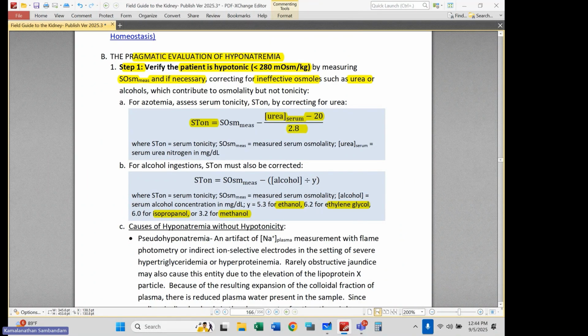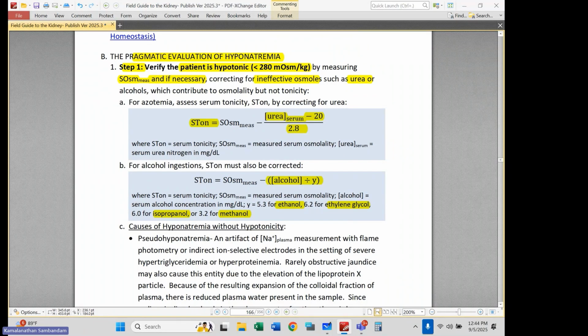In any case, you can correct for these differences in osmotically inactive particles. You can estimate a tonicity by taking the measured osmolality and the urea concentration, subtracting a normalish serum urea, dividing that number by 2.8, and subtracting that from the measured osmolality. That will correct for an azotemia, okay? You can also do the same for an individual who has an alcohol intoxication if you know the concentration of the alcohol, okay?